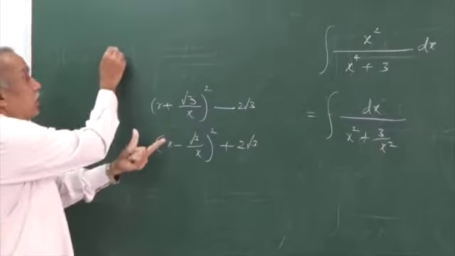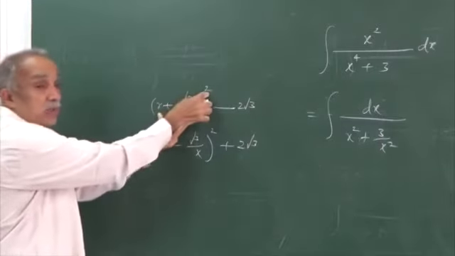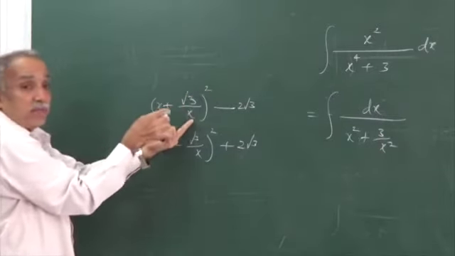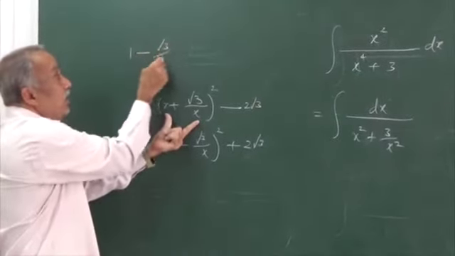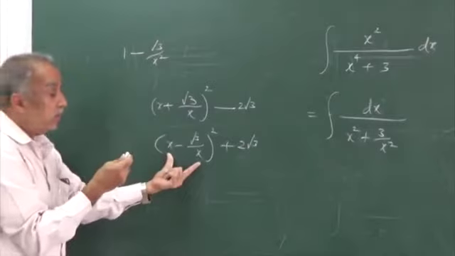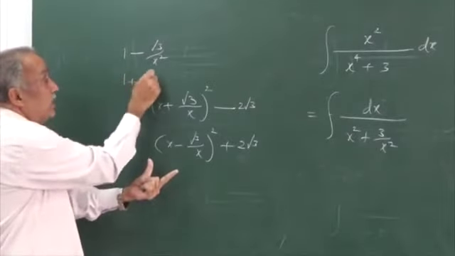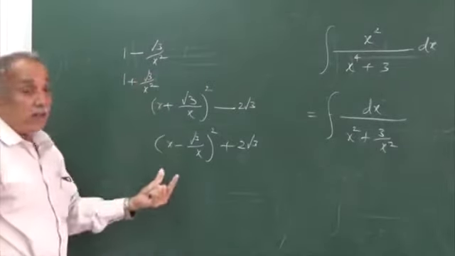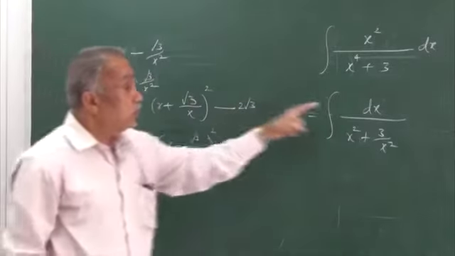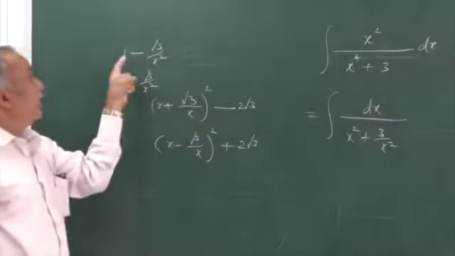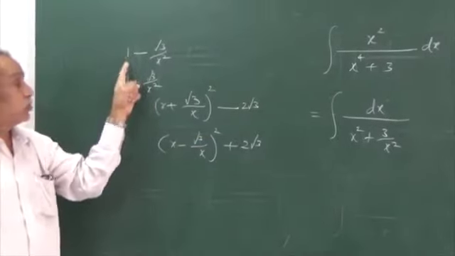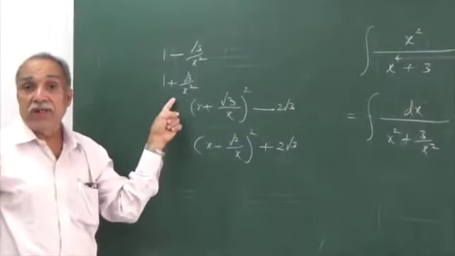I am not taking into consideration the square, just x plus root 3 by x. Derivative is 1 minus root 3 by x square. And for this part, derivative is 1 plus root 3 by x square. Do you have any one of these two in numerator? No, we are not having either 1 minus root 3 by x square or 1 plus root 3 by x square.